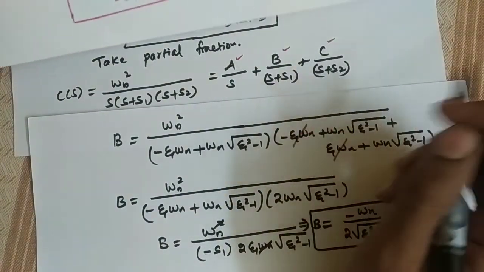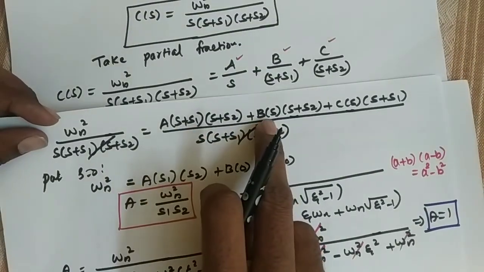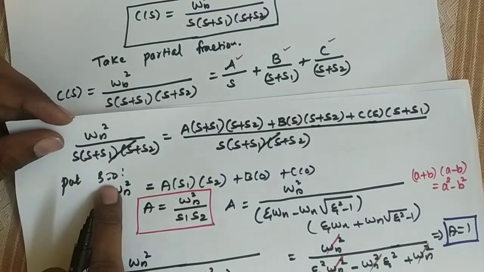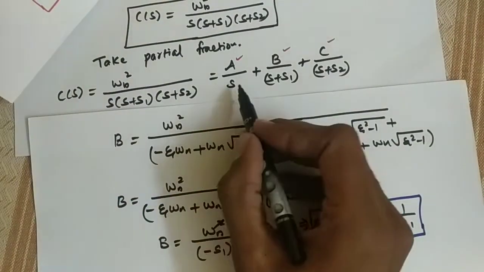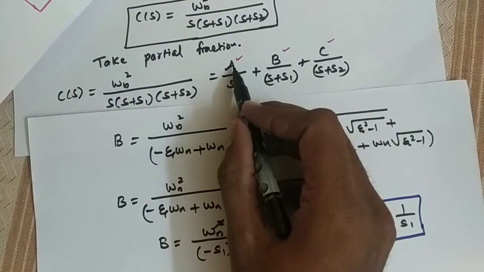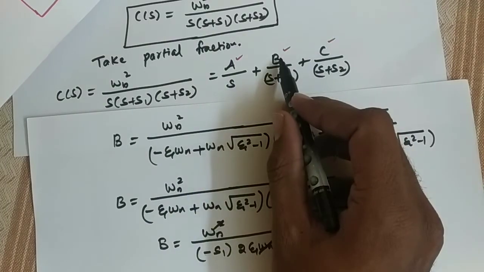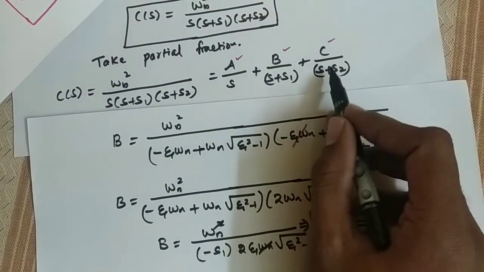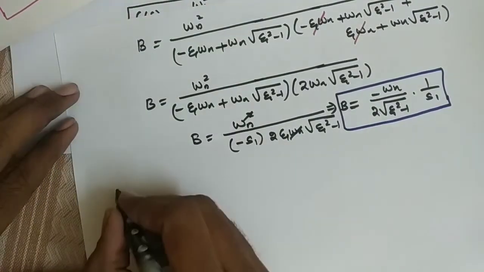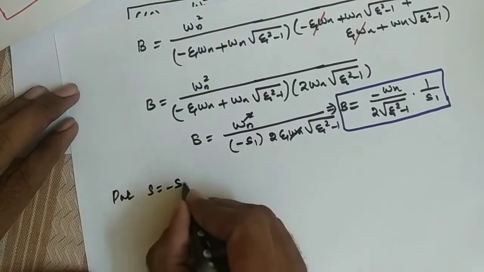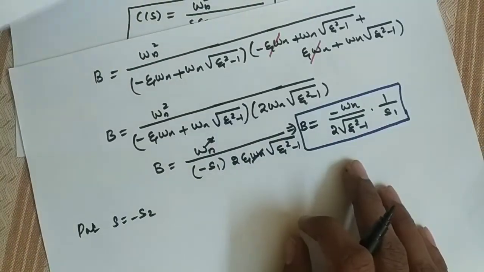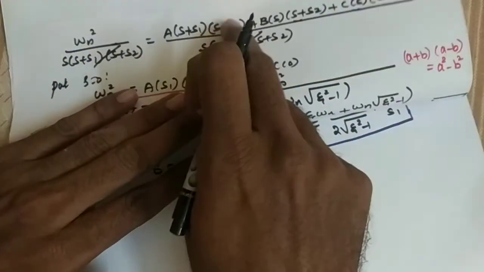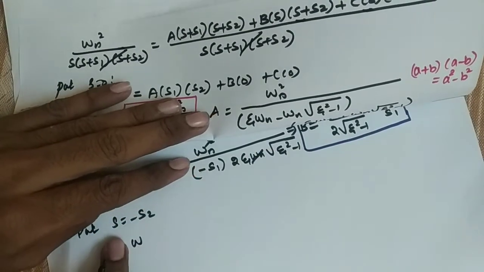Now find the value of C. In this equation we need to substitute. Initially we substituted S as 0 and minus S1. If you substitute 0 you get the A value, and if you substitute minus S1 you get the B value. So let's substitute S equal to minus S2, and we can get the value of C. Let's take this equation and substitute S equal to minus S2.